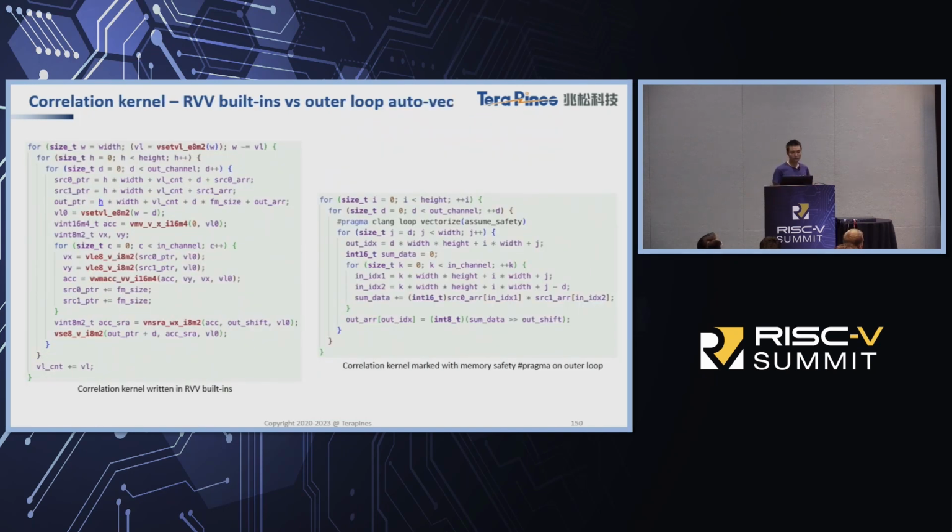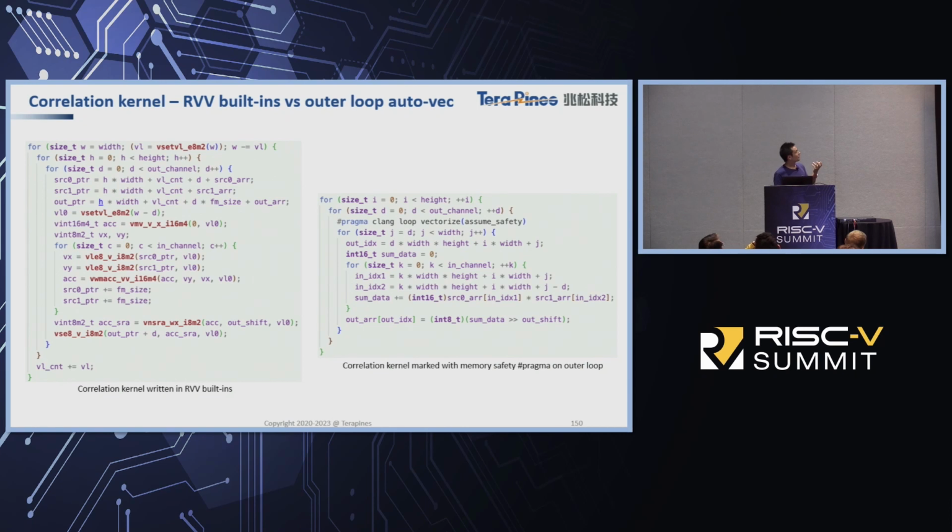The next example is a convolution kernel. The left side is a kernel hand-optimized by kernel engineers, written in RISC-V intrinsics. The right side is the C version with a pragma, telling the compiler which level of loop should be auto-vectorized.